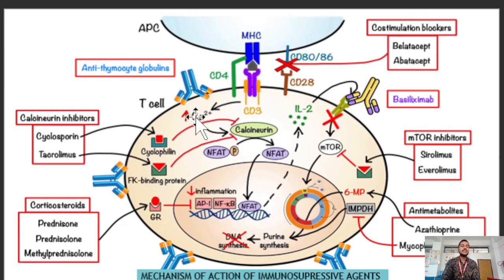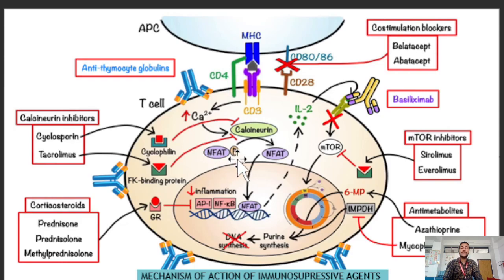When this calcineurin is activated, it will dephosphorylate a compound called NFAT, nuclear factor of activated T cell. This NFAT is normally phosphorylated, that means a phosphoryl group is attached to this NFAT compound.